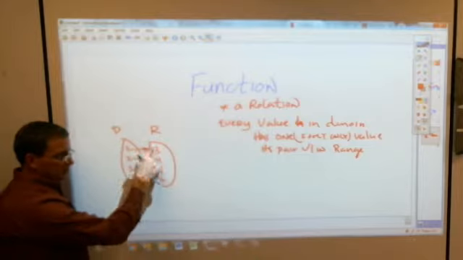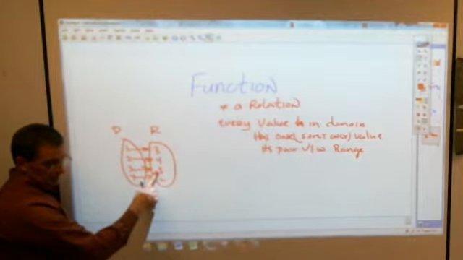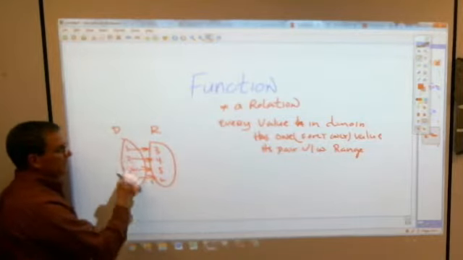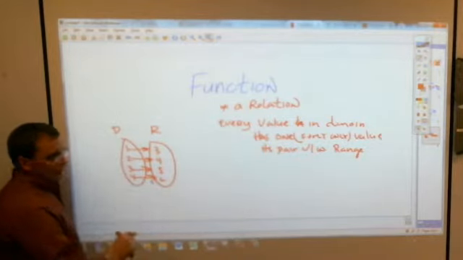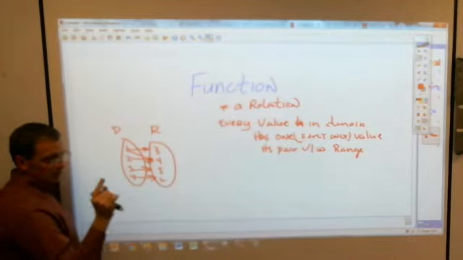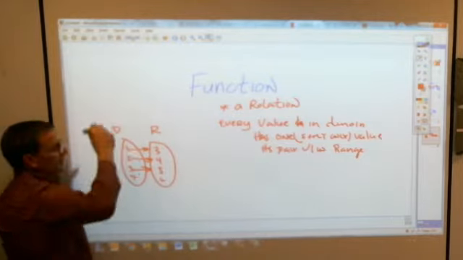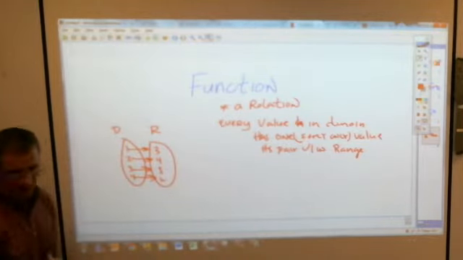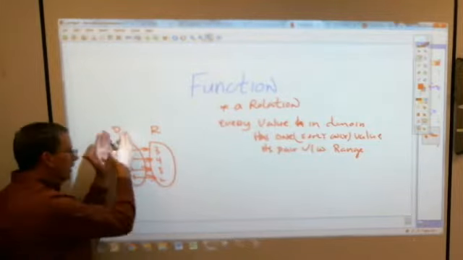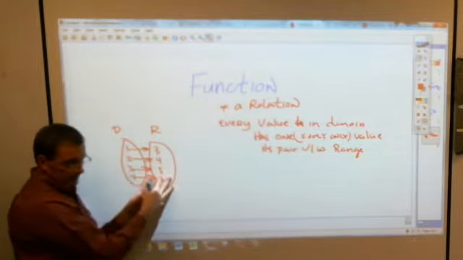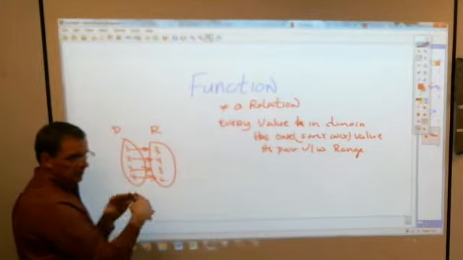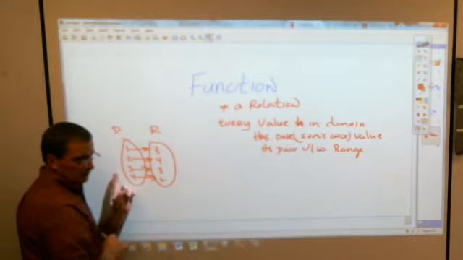It can't be mapped to two separate ranges. So you're just looking at the domain. 4 equals 6, 3 equals 5, 2 equals 4, 1 equals 3. 1 cannot equal 3 and 4. It has to only go to 1. Again, you don't care why or how it ended up that way. You don't need to know the equations. You only need to know that off one domain gets only one range. That's all you need to know. Don't let everything else muck your water. You're looking for just one thing going to one thing.